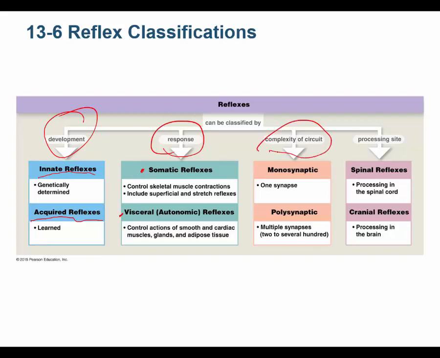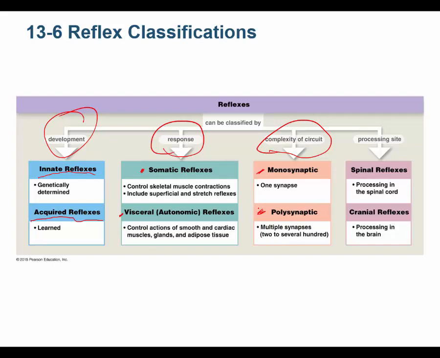The complexity of the circuit, and this is something I already mentioned. You could have monosynaptic reflexes where the afferent nerve directly innervates the efferent nerve. Or you could have polysynaptic reflexes where the afferent nerve innervates an interneuron, which then innervates the efferent nerve. So there's more than one synapse.